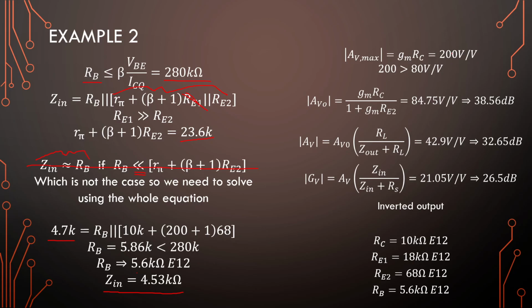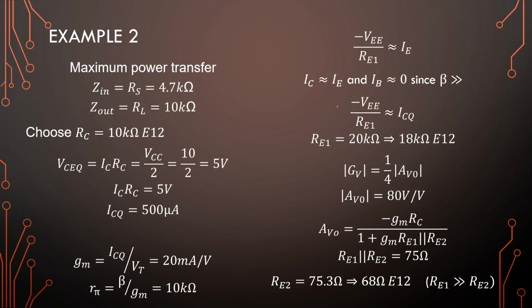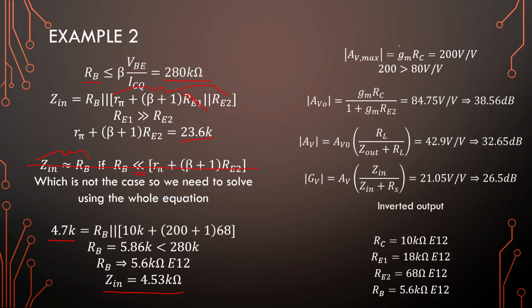Now on to the gain side. If we calculate our maximum gain, GMRC, the top part of this equation is the maximum gain without the feedback, which is 200 volts per volt. So 200 is much greater than 80, so we can apply this equation.